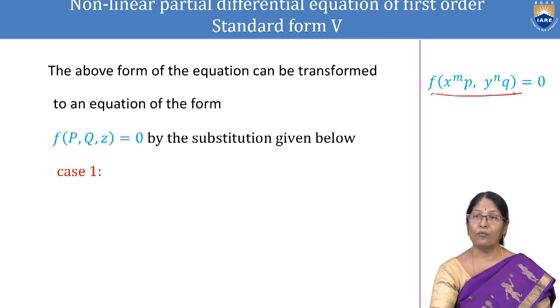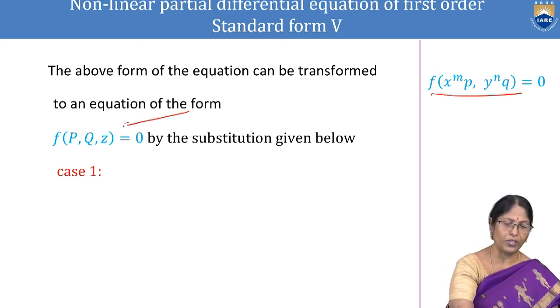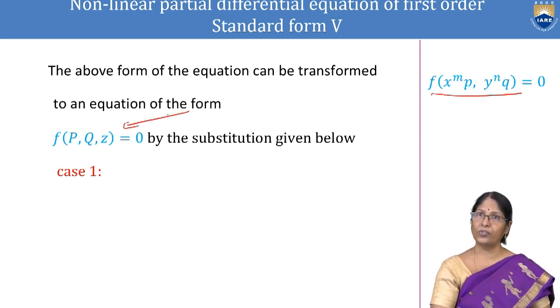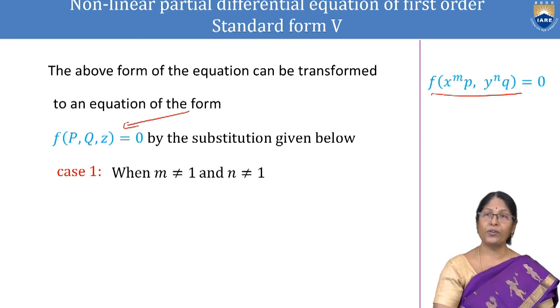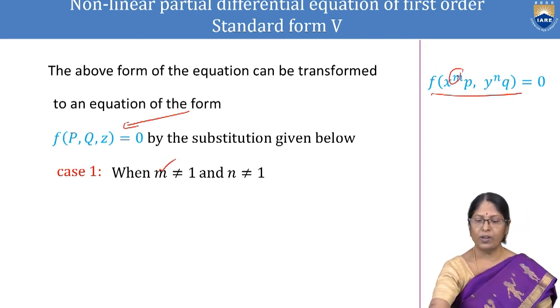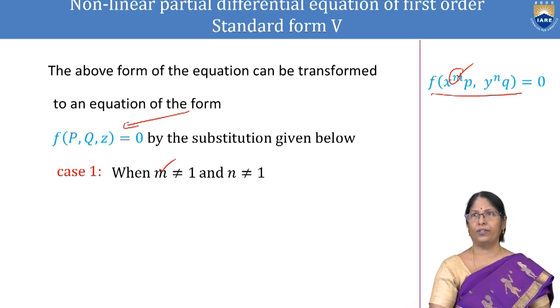Standard form 5 is there. We are going to reduce it into standard form 3. In the given question, we will notice m, that is the x power m. What is the value of it?